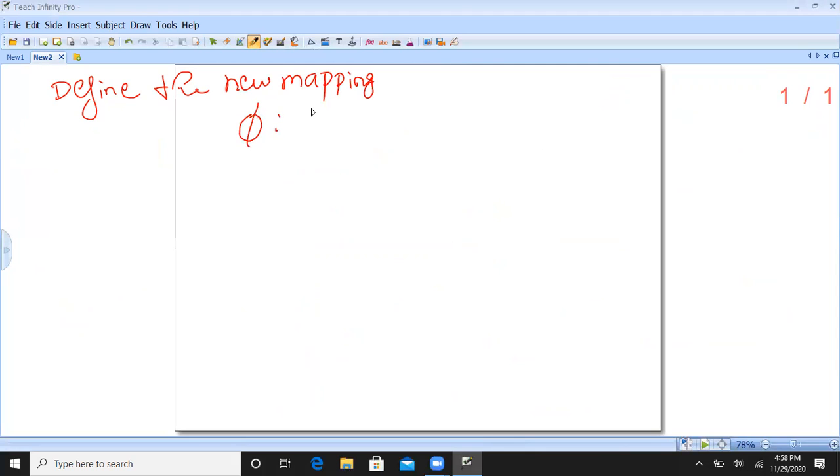Phi: G/K → f(G). You already know that K is normal, by the definition of kernel of homomorphism.